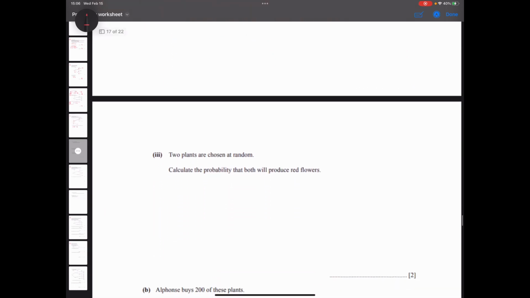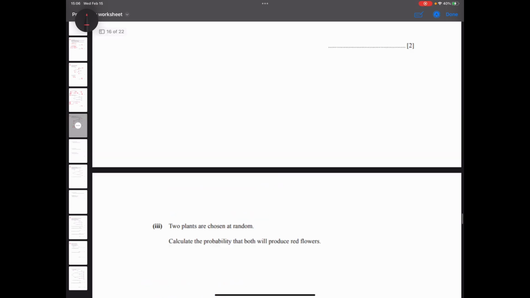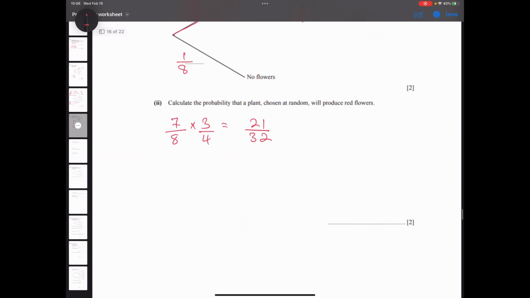Then, two plants are chosen at random. Calculate the probability that both will produce red flowers. Coming to the previous question, the probability that a plant chosen will produce red flowers is 21 over 32.